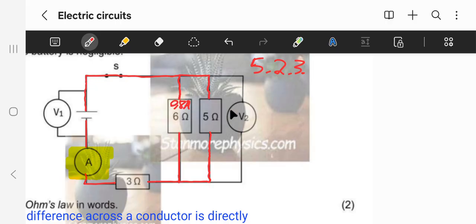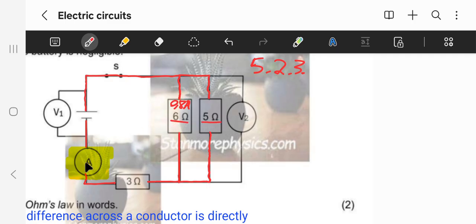But what I want you to notice is that when this current of ours flows into the parallel resistors, it divides itself. Firstly, it has to distribute itself to the 6 ohm resistor, and then it also has to distribute itself to the 5 ohm resistor.